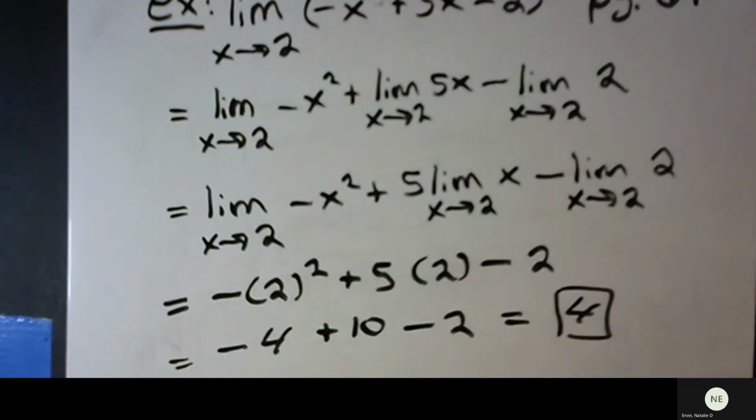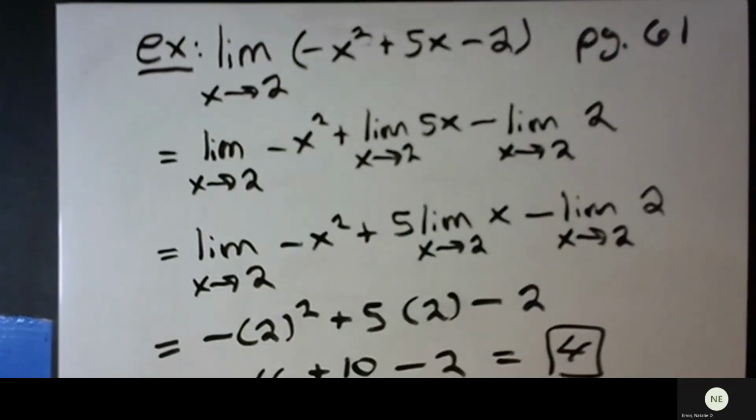Now let's take a look at some that are a little trickier. You can get some that are interesting. Yet the one advantage we have with limits is that we're free to do cancellations.